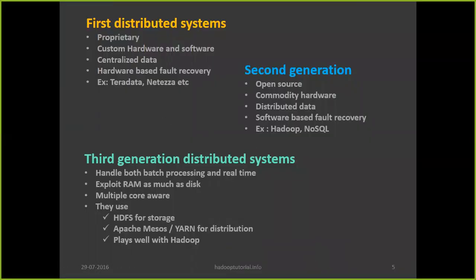With these third generation distributed systems, they started using the RAM memory as much as possible, and they can work on multiple core systems on the same machine, and they can very well integrate with HDFS for storage purposes, and they can run on any of the distributed processing frameworks.